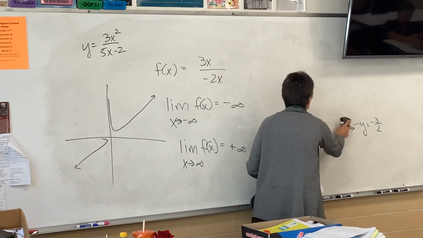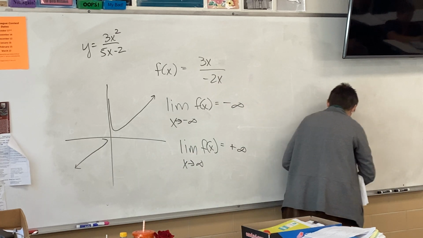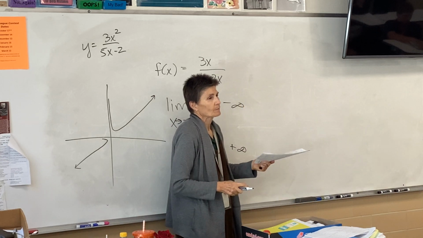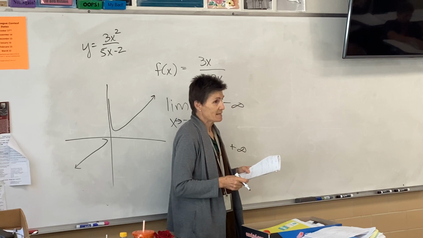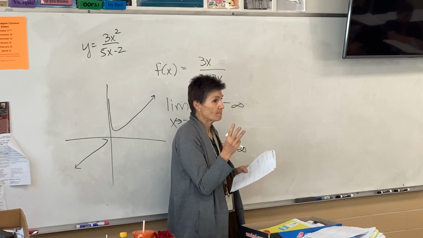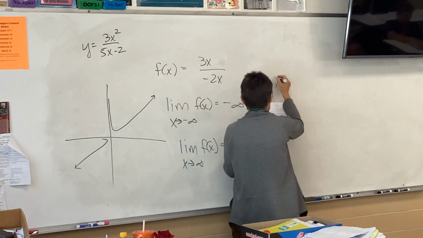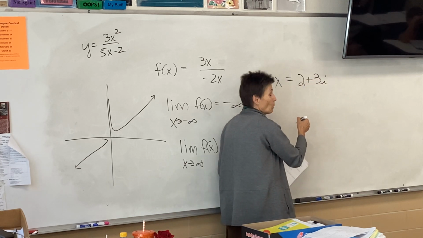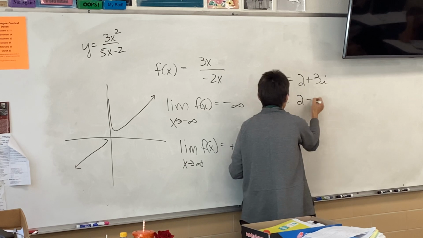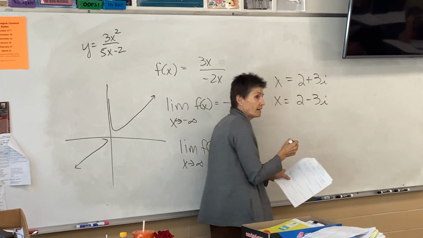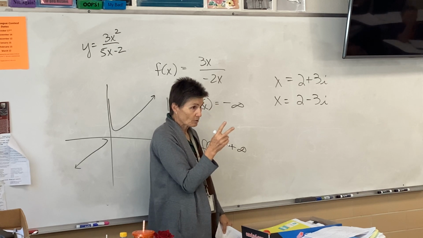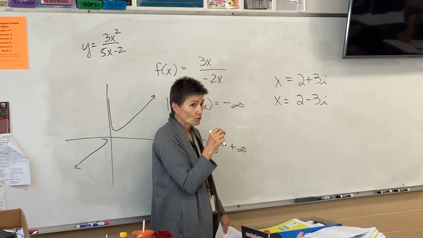Okay, what is the degree of the polynomial in problem number 4? Okay, so what does that mean? That means there's 3 roots, right? They tell me that one of them is 2 plus 3i, which automatically means that another one is 2 minus 3i. Now that's 2, you said there's 3, right? Is the third one gonna be real or imaginary?